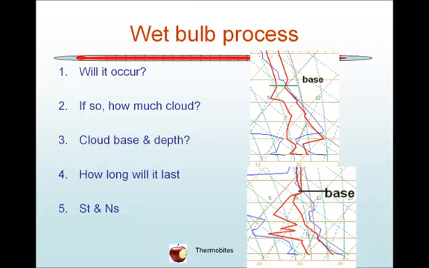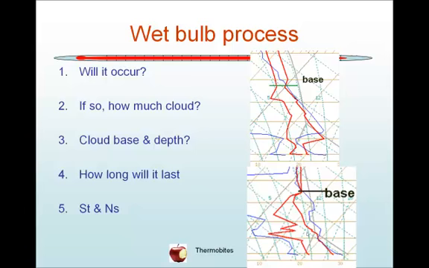So that raises the issue of when can we assume that cloud will form via the wet bulb process? Well, if it's going to, we need to ask the question of how much cloud there is, but the first question is, what kind of system do we have? How much rainfall do you anticipate? Will it be heavy rainfall or light rainfall?